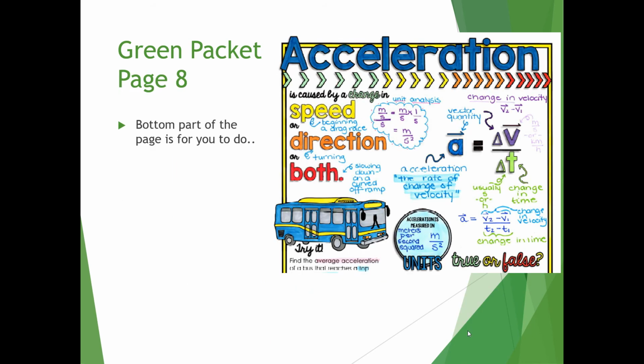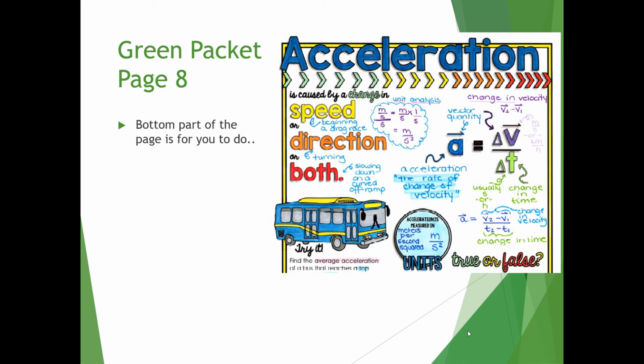Okay, so now on the green packet, page 8, I am going to go over this top part with you, and the bottom part of the page is for you to fill in on your own. So acceleration is caused by a change in speed or direction or both. So the example they used here was speed is beginning a drag race, direction is turning.